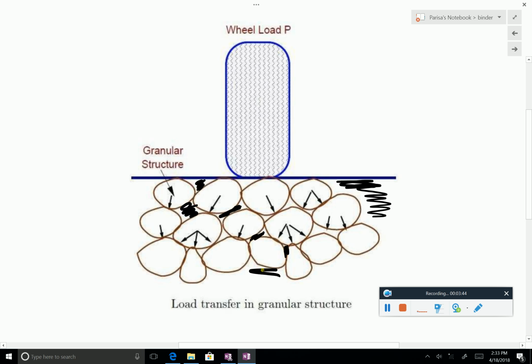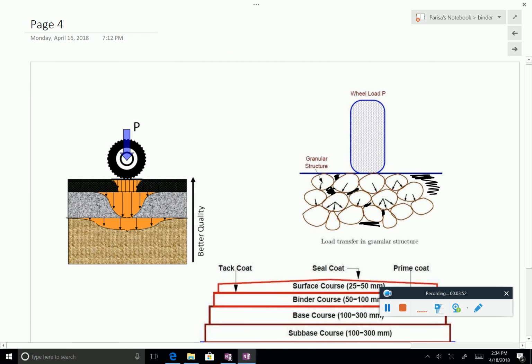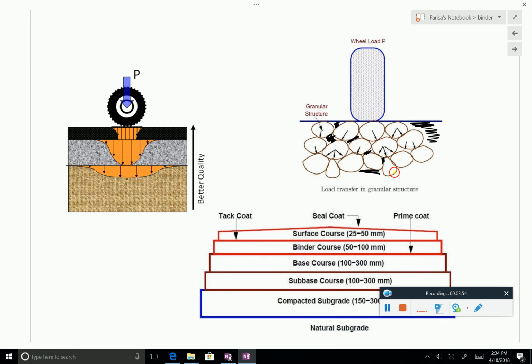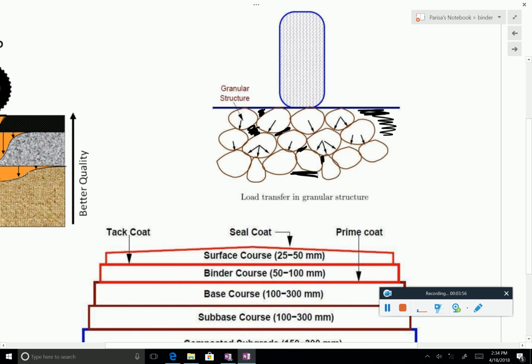But what carries the load are actually the aggregates. You see these arrows, they show how the stress is being transmitted from the wheel down to the soil.